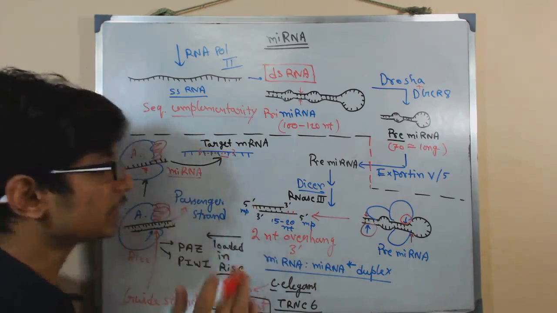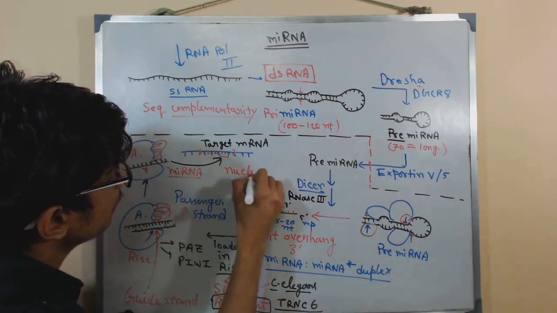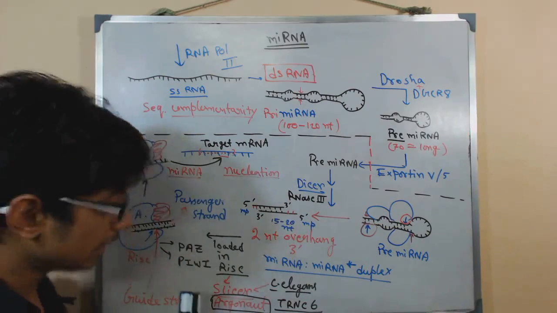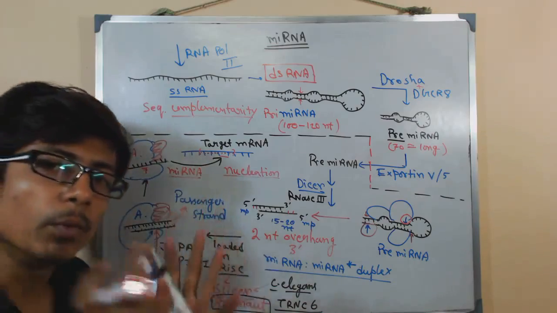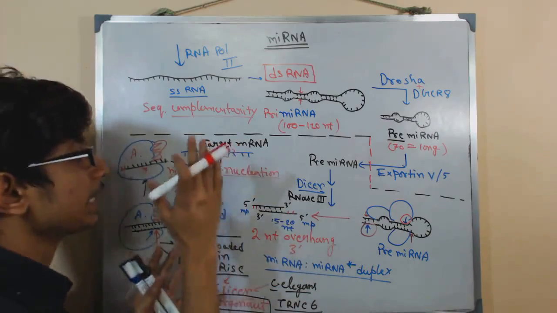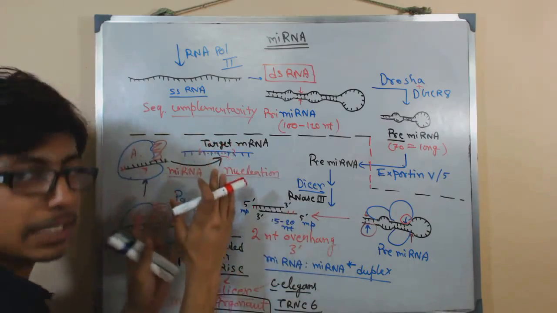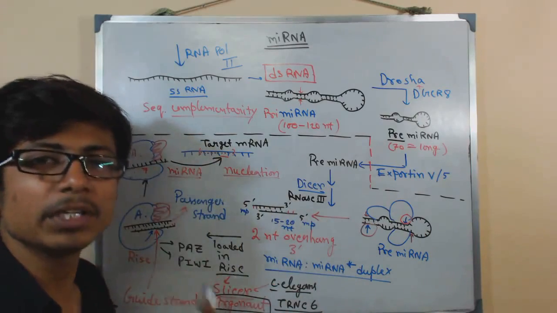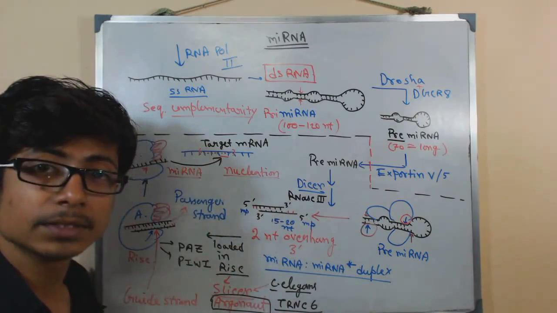That is called the nucleation. Once the nucleation is done, the rest of the miRNA will bind or attach with the target mRNA. So once they are attached there, what will they form? They are again forming double-stranded RNA.